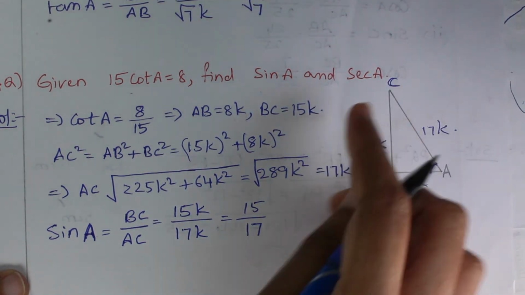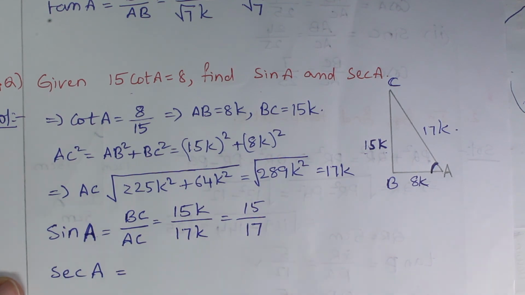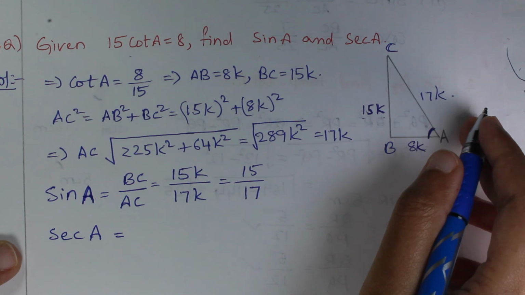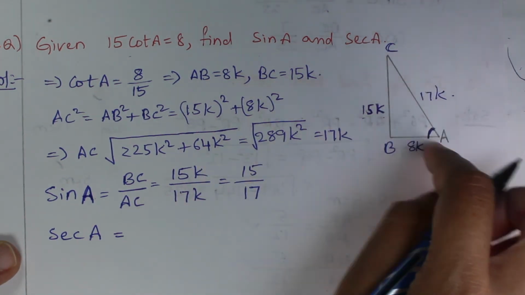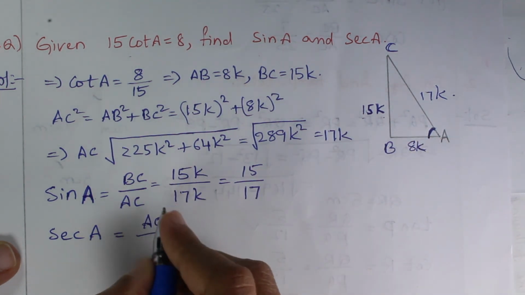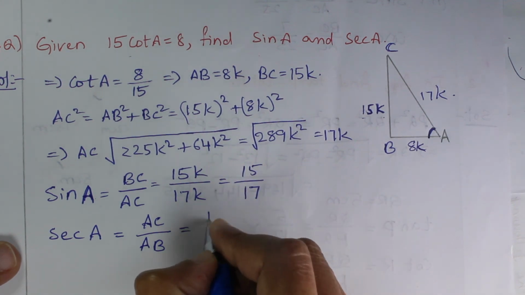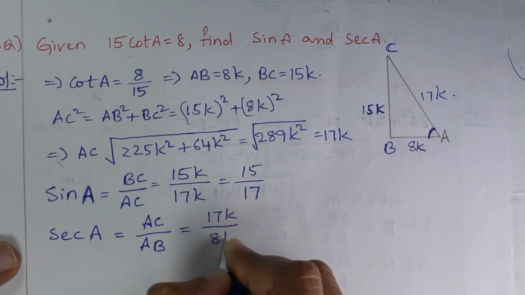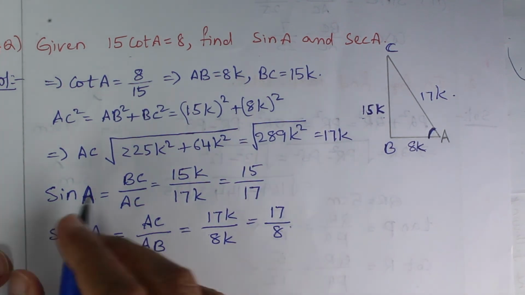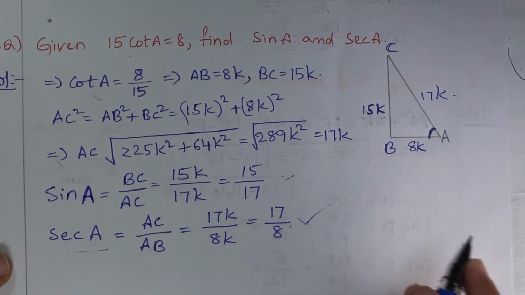Now secant A. Secant A is equal to hypotenuse by adjacent side, right? Hypotenuse AC divided by adjacent side AB, that is 17k by 8k, which is 17 by 8. So the value of sin A is 15 by 17 and the value of secant A is 17 by 8.